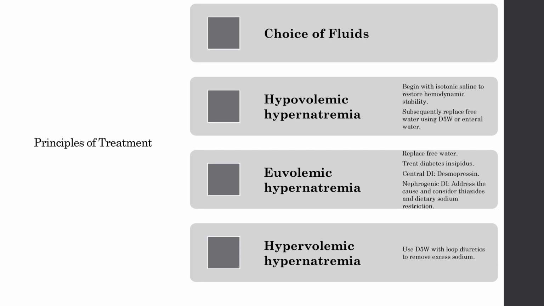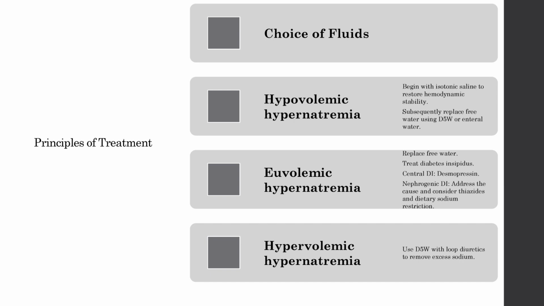Choice of fluids. Hypovolemic hypernatremia. Begin with isotonic saline to restore hemodynamic stability. Subsequently replace free water using 5% dextrose water or enteral water. In euvolemic hypernatremia, replace free water. Treat diabetes insipidus.